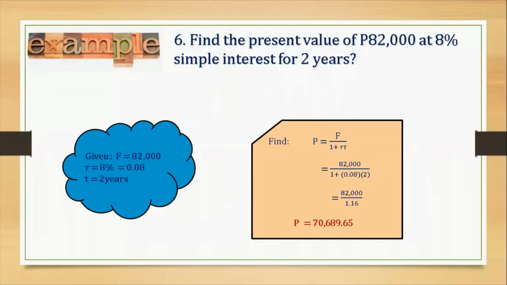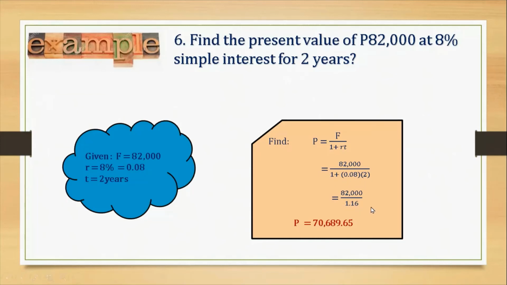Substituting it to our formula, which is P is equal to F over 1 plus RT. Yes, this is part of the formula. That is equal to 82,000 all over 1 plus the quantity of 0.08 times 2. Okay, you multiply first 0.08 times 2 and then plus 1.